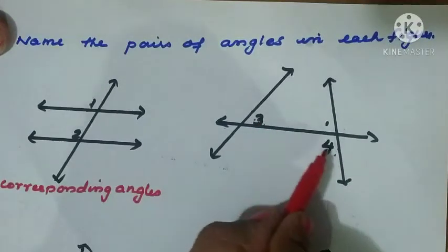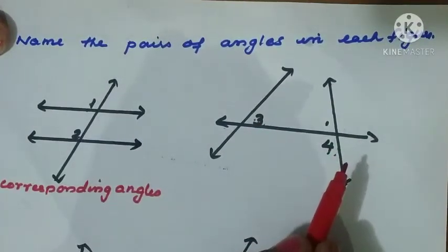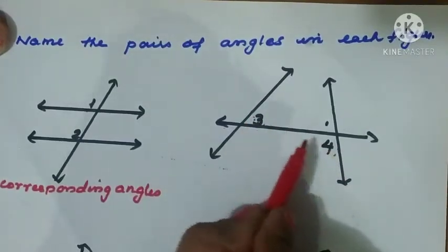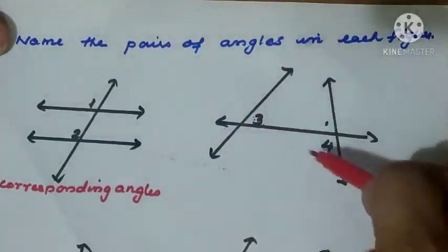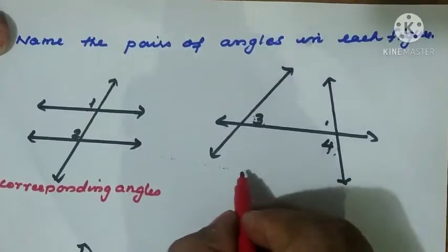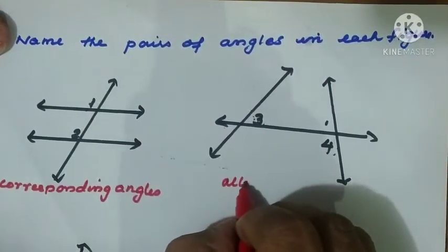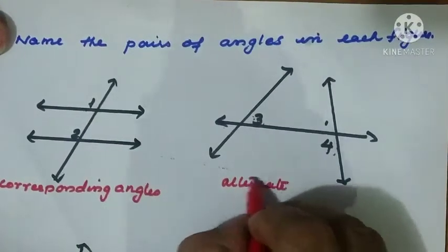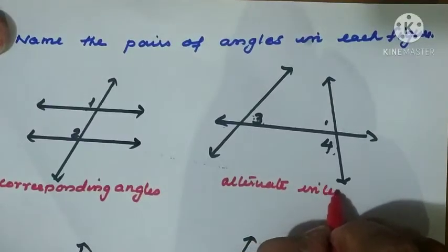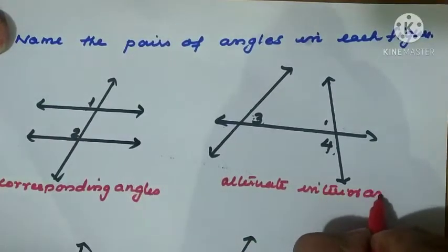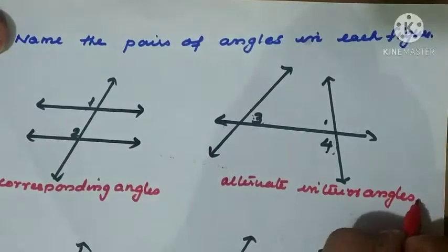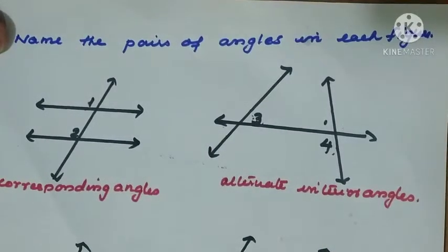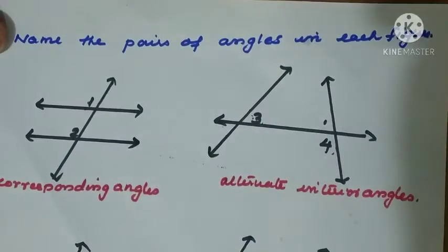First of all, they are interior angles. Next, they are on alternate sides. So the name of this pair is alternate interior angles. Try to tell the names by yourself, then you can know where you have made an error.